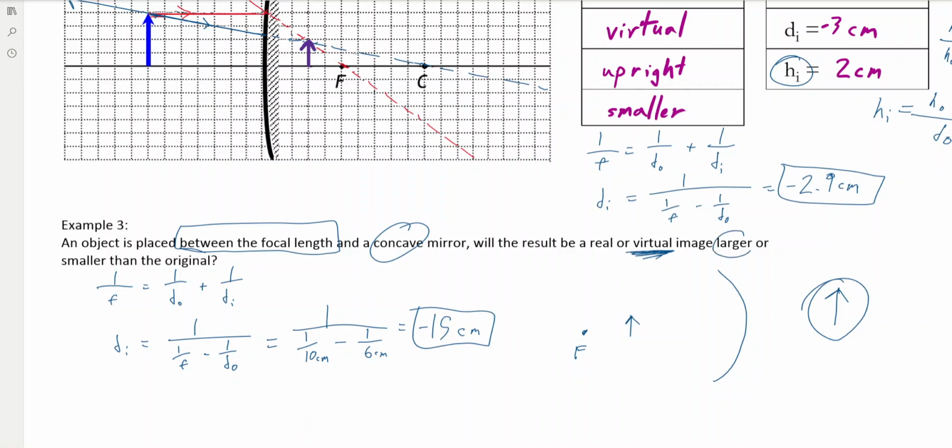So it's going to be larger, it's going to be virtual, okay, than the original. And in fact, I believe it should be upright as well. We can now go ahead and solve that. It wasn't asked in the question, but we can solve for that for sure if we plug it in to this formula. So now we can go ahead and solve for the HI.